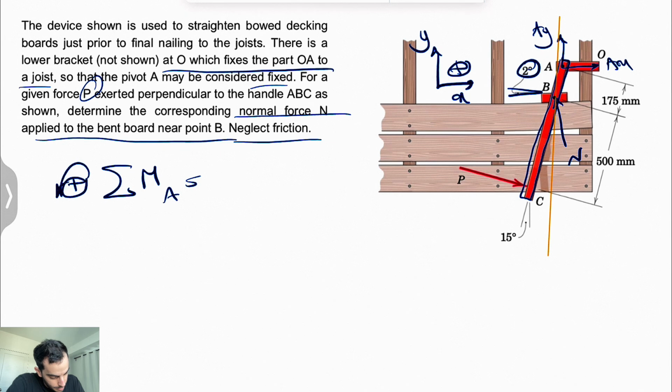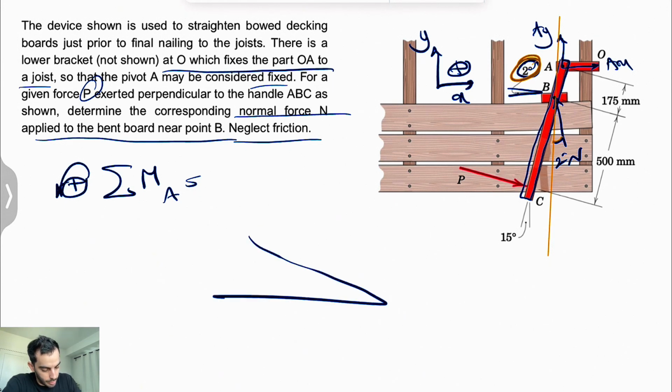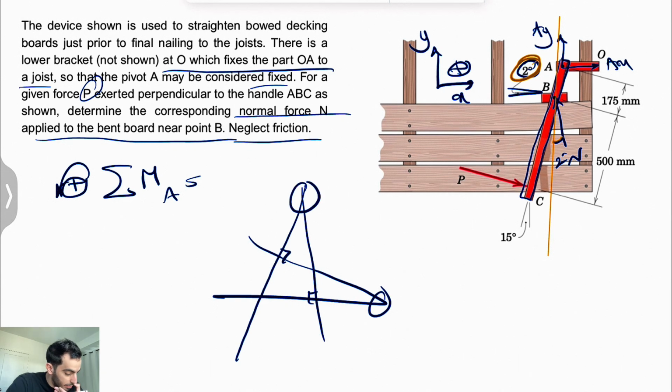Since we know this angle is 2 degrees, this angle is also 2 degrees, because of the same trick we talked about: when we have two angles where each side of one is perpendicular to a side of the other, the two angles are the same.